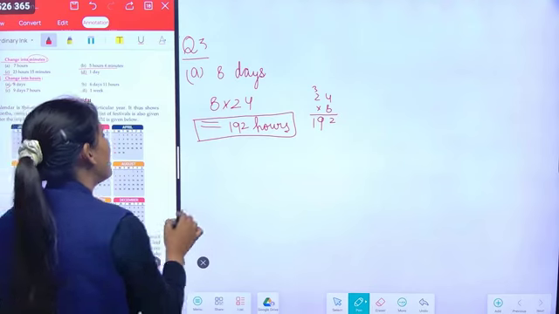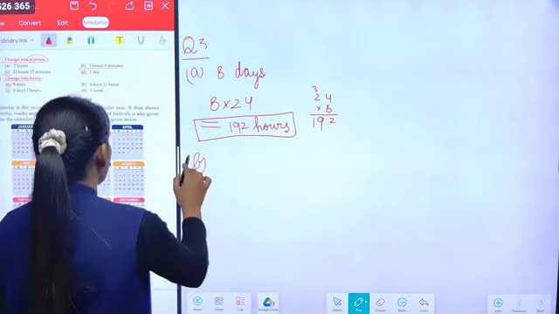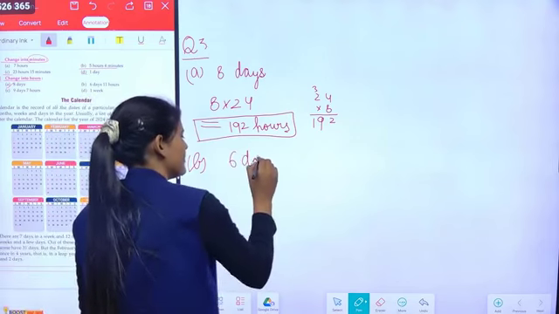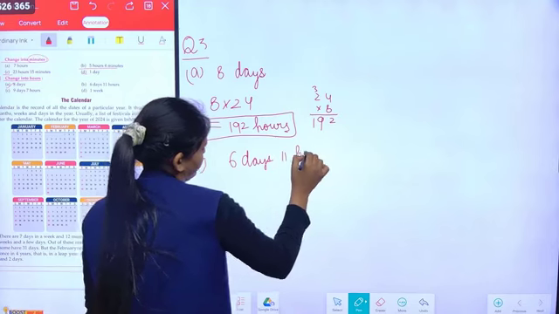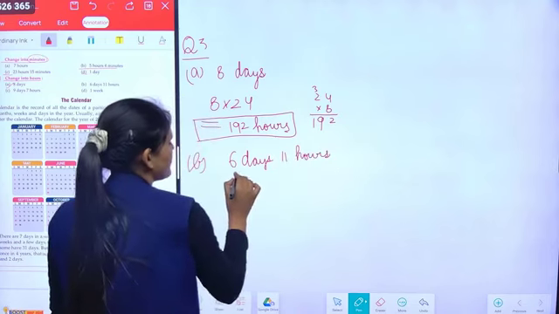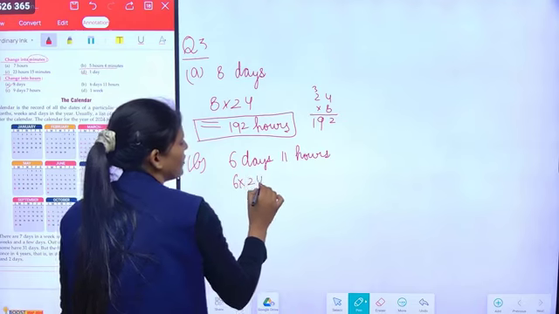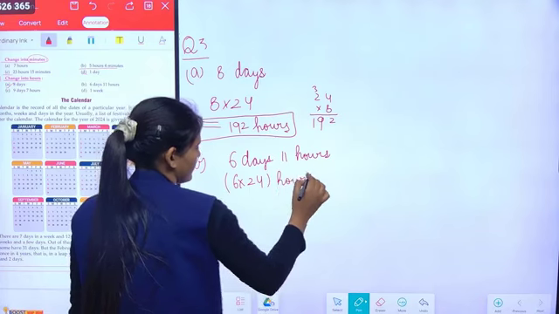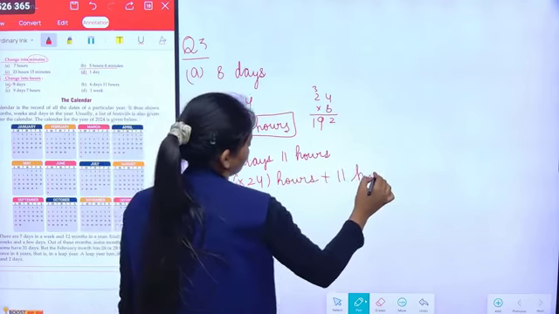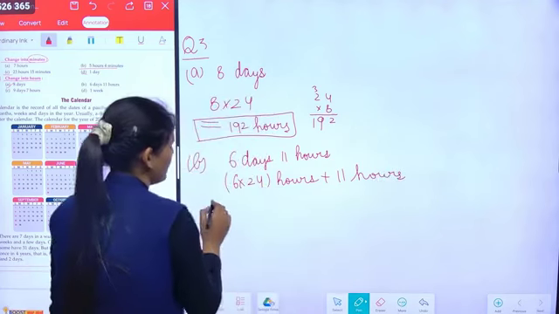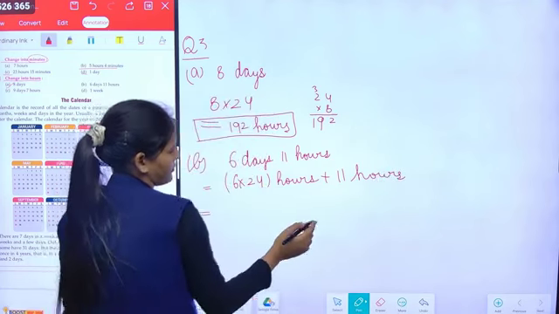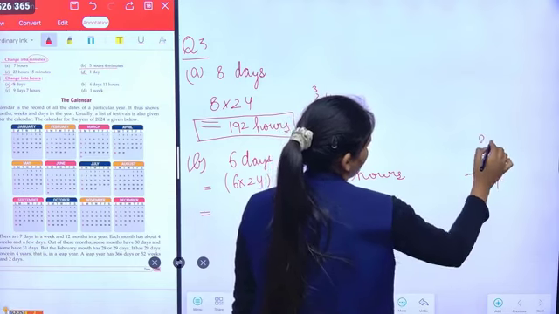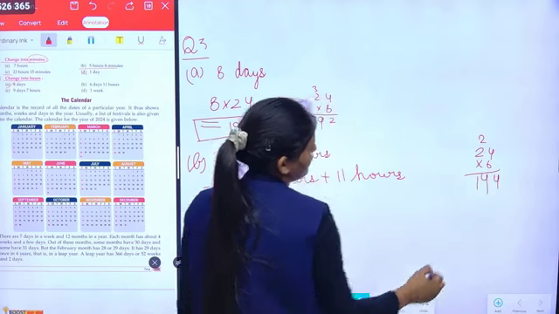Okay, right. Now B part. 6 days 11 hours into hours. Now 6 days into hours, 6 into 24, plus 11 hours. 24 multiplied by 6. 6 fours are 24, carry 2. 6 twos are 12, plus 2, 14.